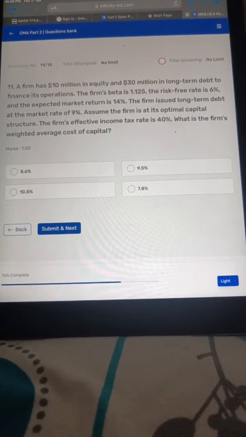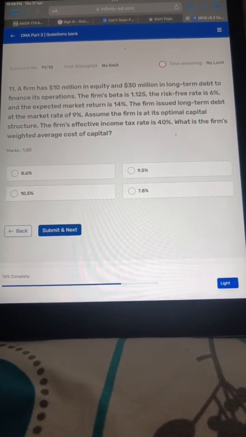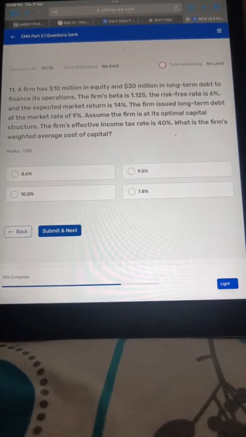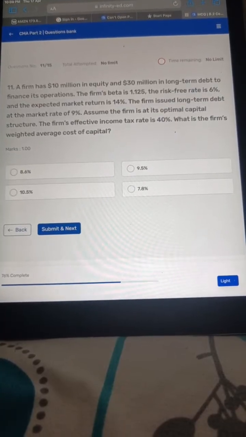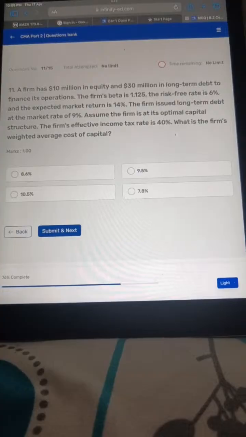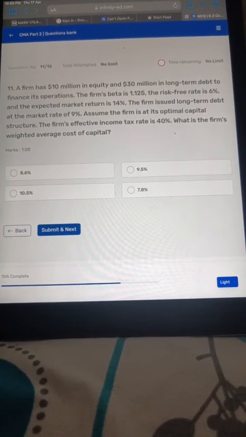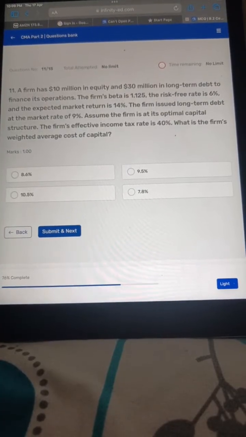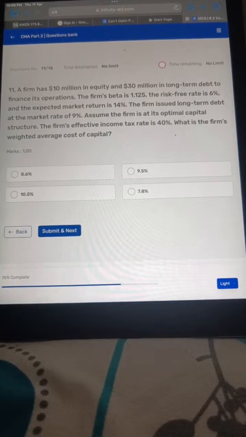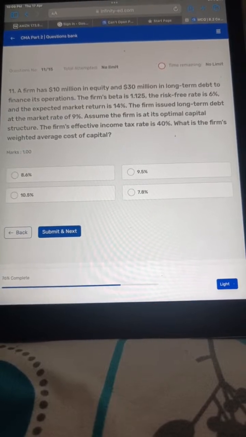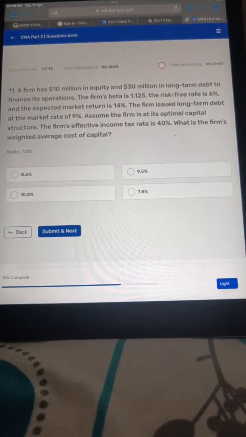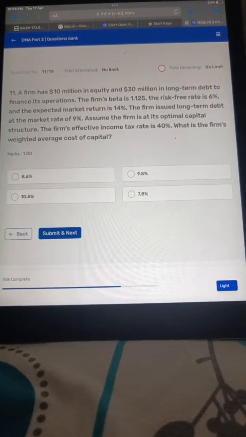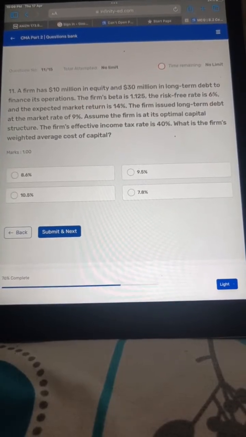And then now we have to calculate the weighted average, right? 10 million equity and 30 million long-term debt. It means 10 to 30, and total capital is 40 million. Equity is 10 million, with 15% cost of equity, multiplied by 10 divided by 40, comes to 3.75.